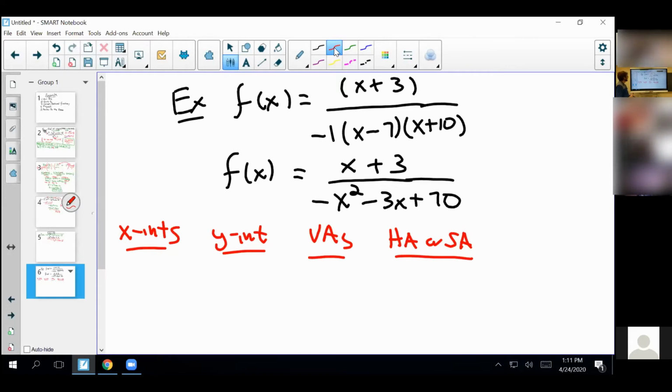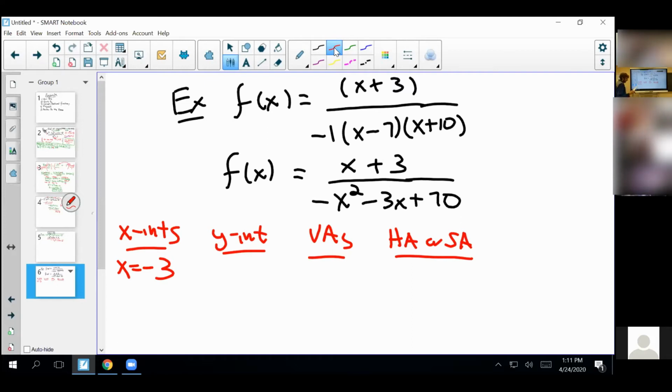And since I gave you the factored form, a lot of this stuff is pretty quick. For example, the x-intercepts are just the factors on top. But since I'm caring about the graphing, oh, you know what? Maybe I should have talked about multiplicities ahead of time, but that's okay.